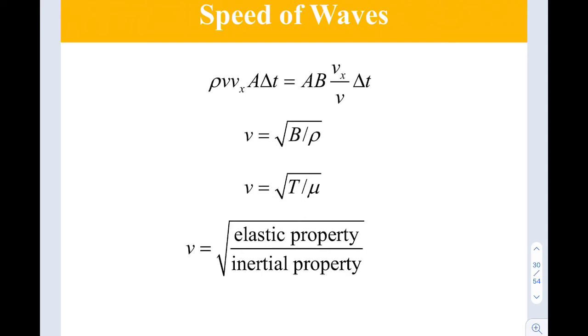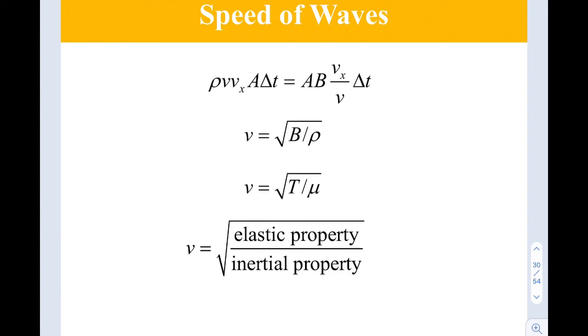And not to forget that for a stretched string, V is also equivalent to square root T over mu, tension in the string over linear mass density. This is bulk modulus over density. Right. So in general, V, the speed of wave, is equivalent to square root of elastic property over inertial property of the system.